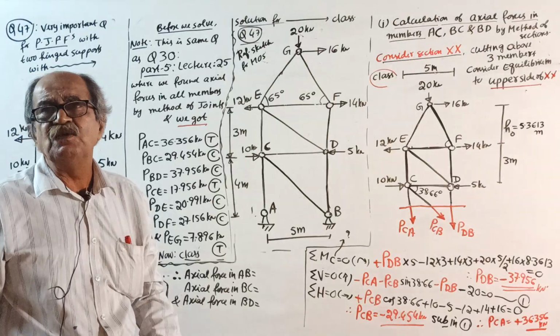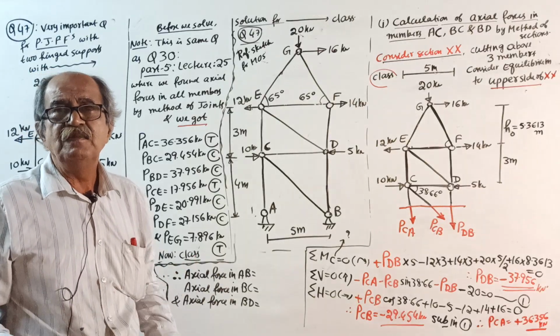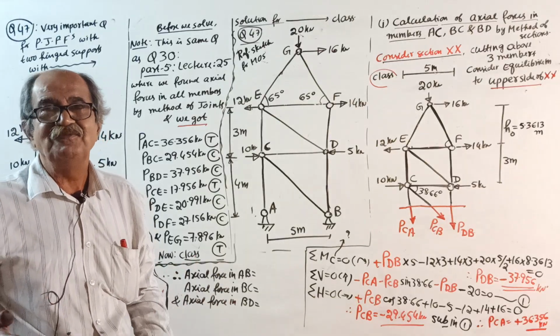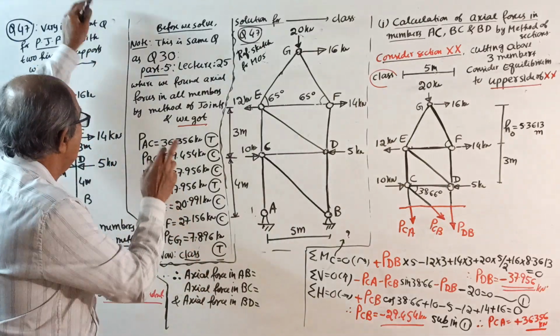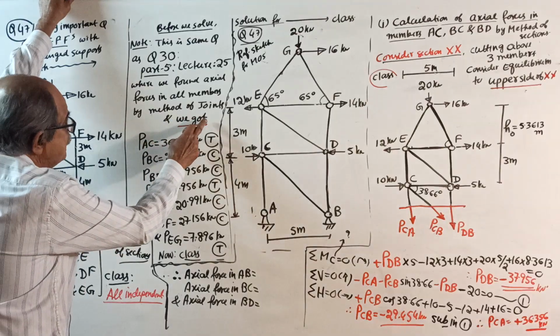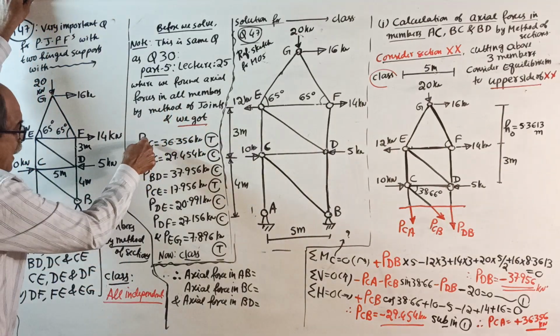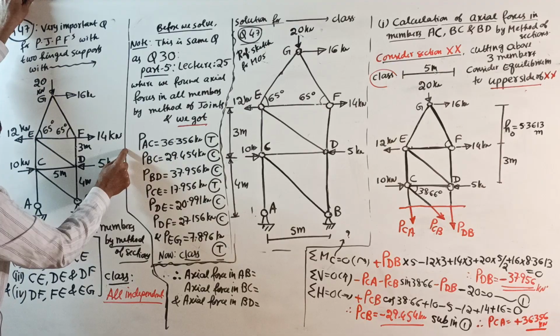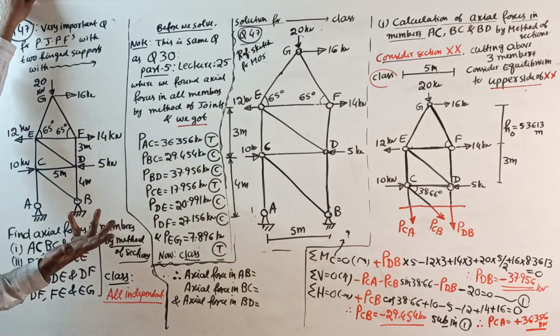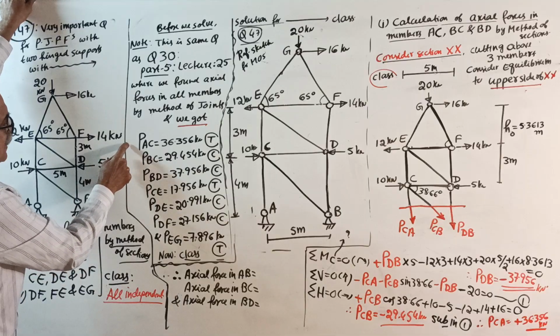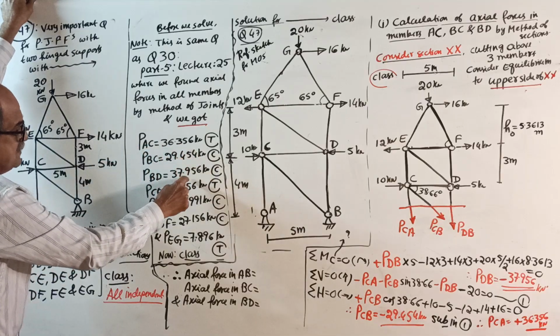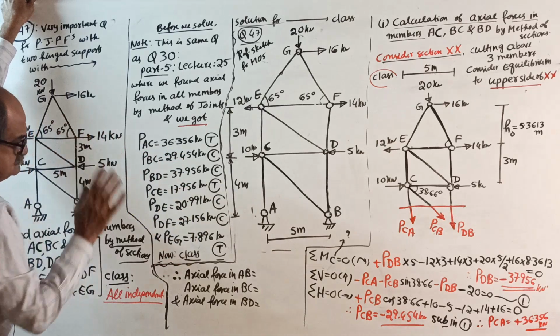At that time, section was not considered. You were not knowing. Fortunately, I was knowing. I wrote the axial force in AC; this is the result we got at that time.